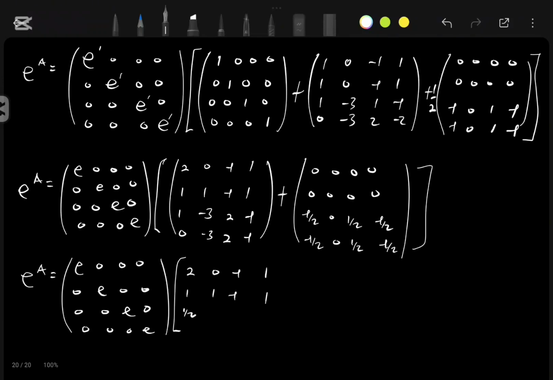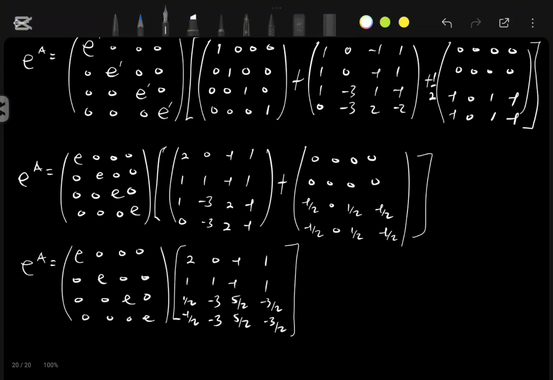You have half, minus 3, 5 over 2, minus 3 over 2, minus 1 over 2, minus 3, 5 over 2, minus 3 over 2. That will give you the exponential of the matrix.